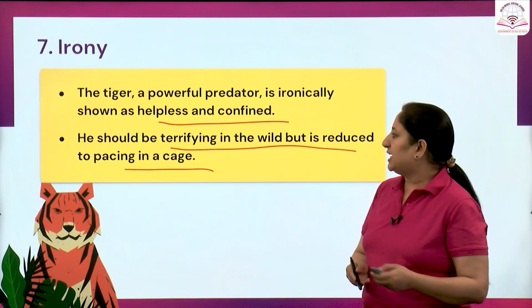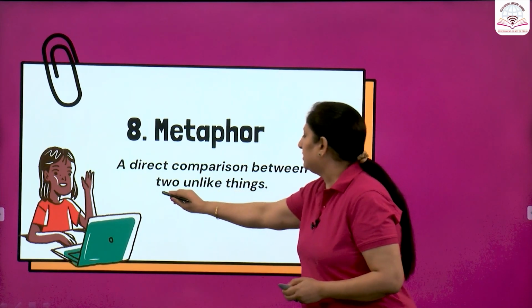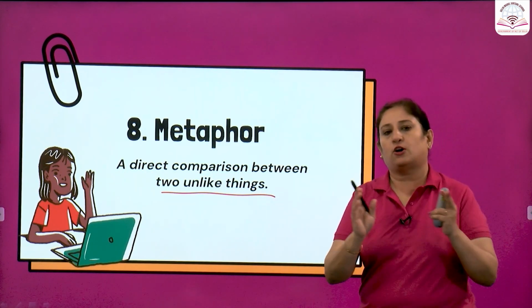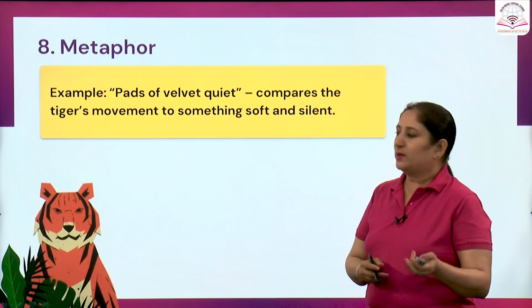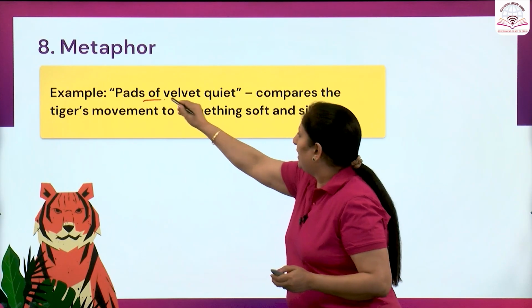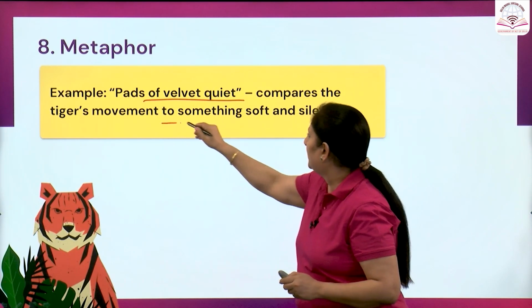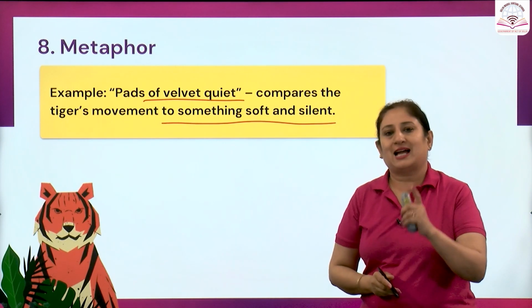And now, let's try to understand metaphor. A direct comparison between two unlike things without using "as" or "like" is called metaphor. And in the poem, as we can see, in "pads of velvet quiet," the poet compares the tiger's movement to something soft and silent without using "as" or "like."